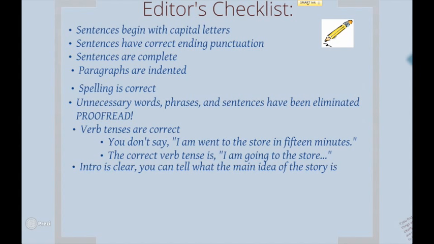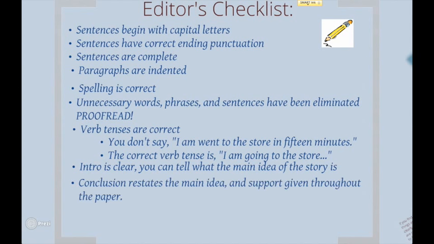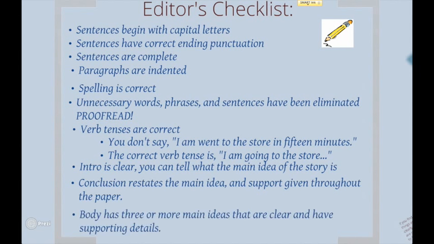Now, this is kind of in between editing and revising, and I'm going to talk about that in a minute, but can you clearly identify that you have an intro and that your main idea of the story is listed in that intro? Can you clearly identify where your conclusion paragraph is, and does it restate the main idea and support you use throughout the paper? And then do you have a body paragraph that has 3 or more main ideas that are clear with supporting details?